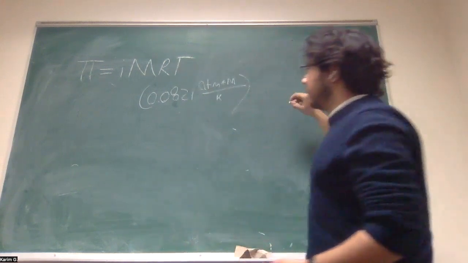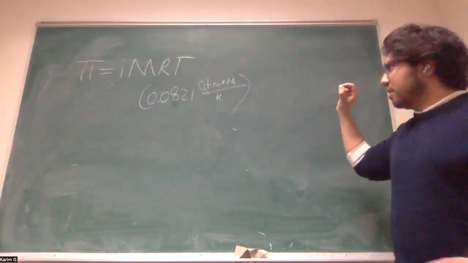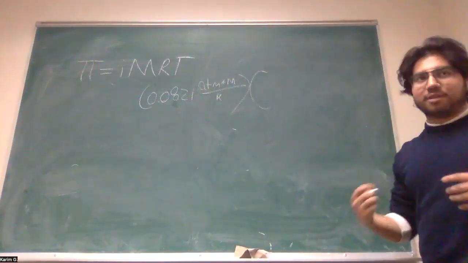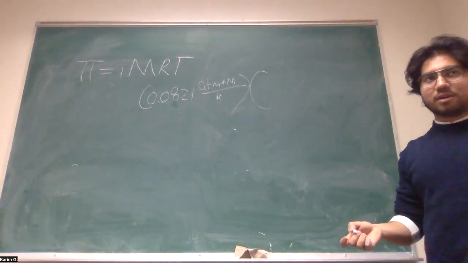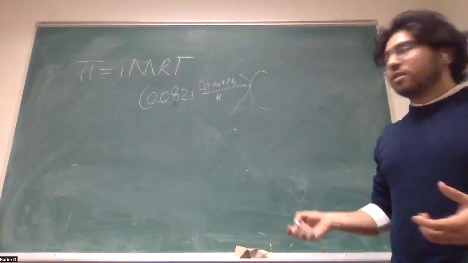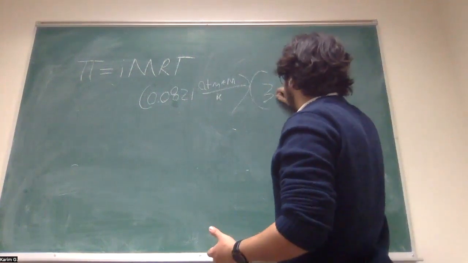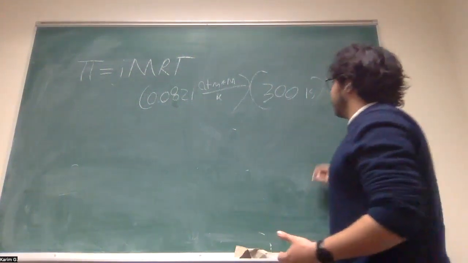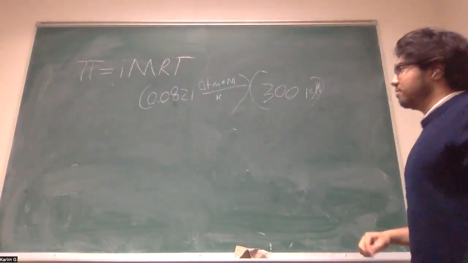Okay. And then our T has to be in Kelvin. So what's 27 degrees in Kelvin? Just 300.15. Yeah. Okay, Kelvin.